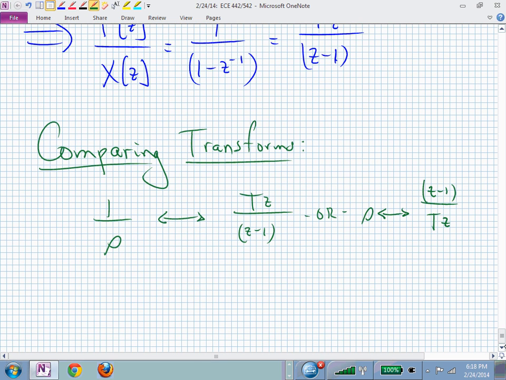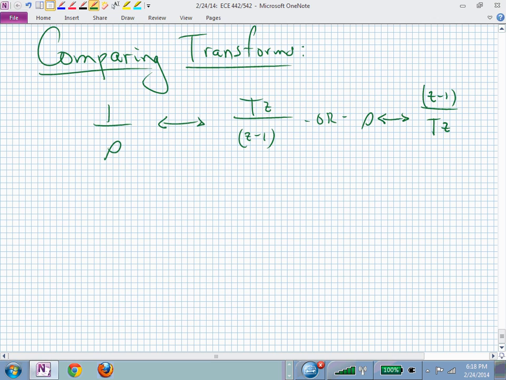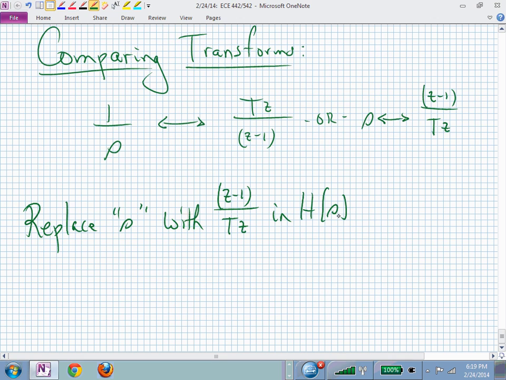And if somebody says, give me an h of z with the backward rule, now what you will do is you will replace s with this new formula, z minus 1 over Tz, in your given transfer function h of s to obtain h of z.